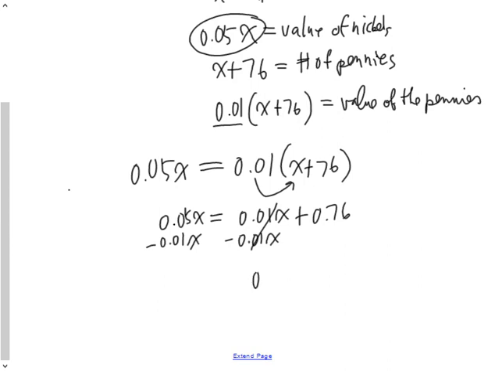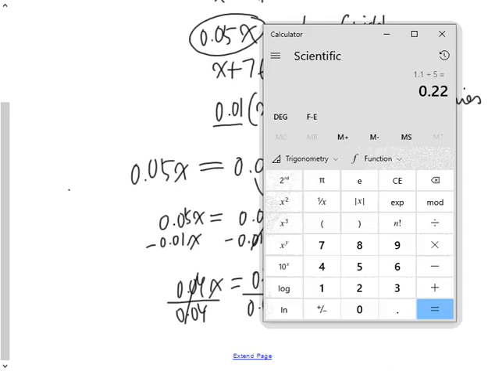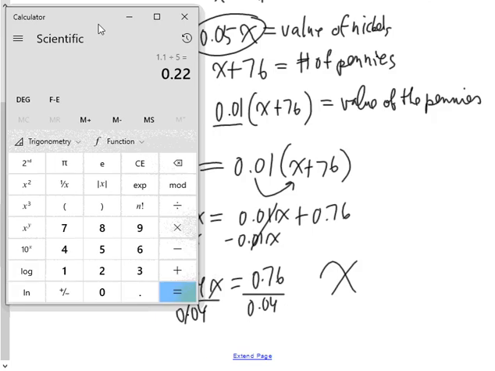That leaves me 0.76 over here, and 0.04x over here. I don't think I've lost anyone so far. It's pretty easy. Divide both sides by the coefficient, and x will equal 0.76 divided by 0.04, which is 19.